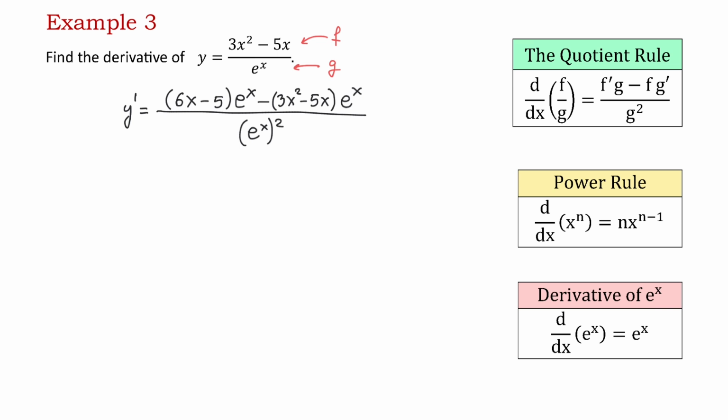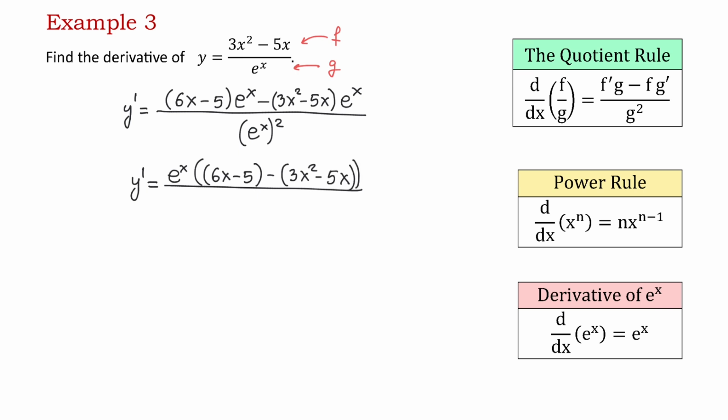and in the denominator we will have e to the x squared. And now to simplify, in the numerator I will factor out e to the x. Then y prime equals e to the x, and in parentheses we will have 6x minus 5 minus 3x squared minus 5x.